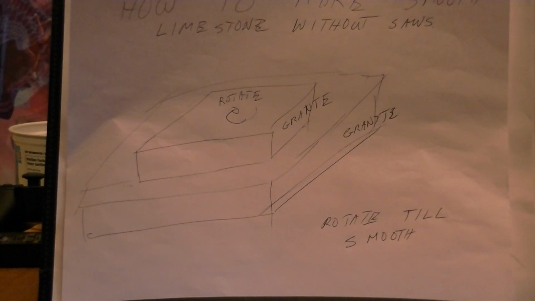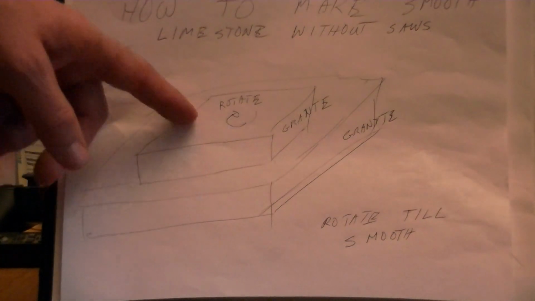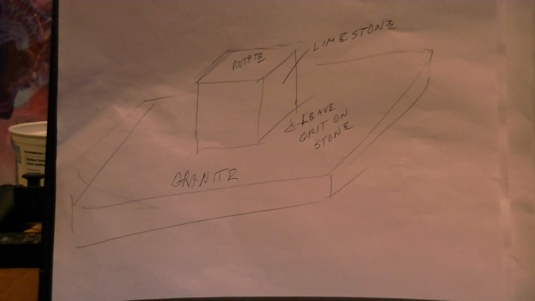With the grit there, it'll help make it easier to rotate, and it'll smooth it off. You still have to flip them over if you want to smooth every side. So, you know, that's a thing, flipping it over.